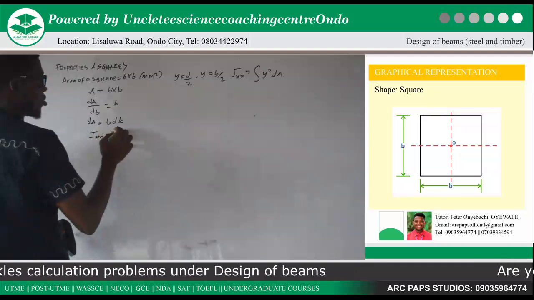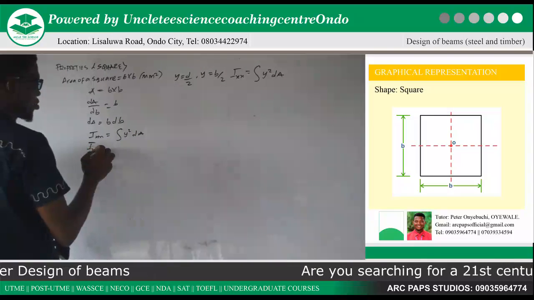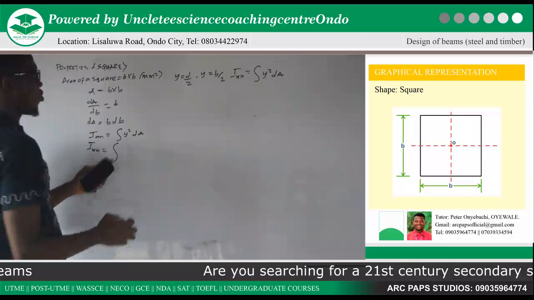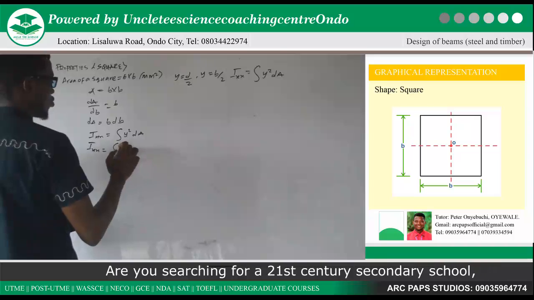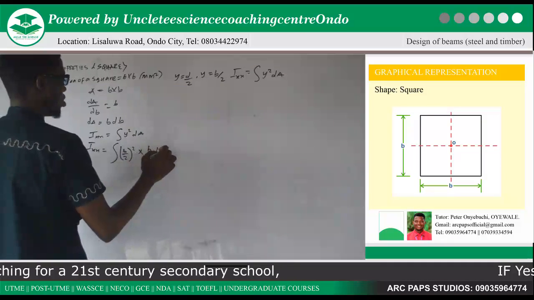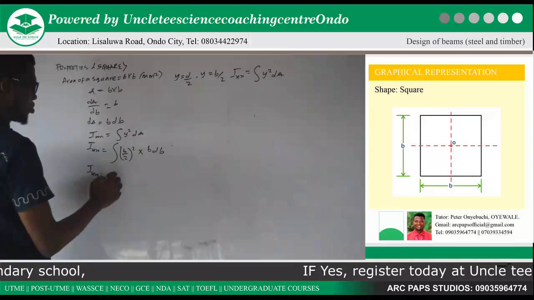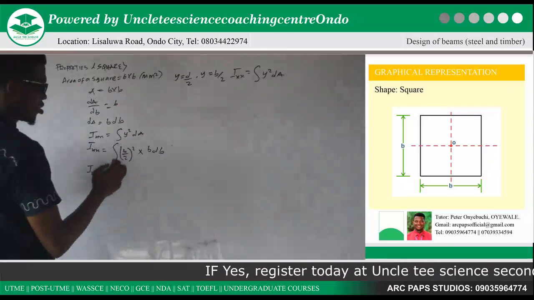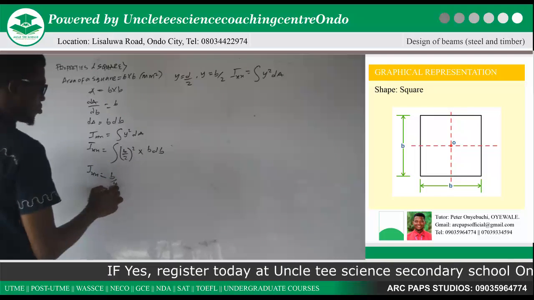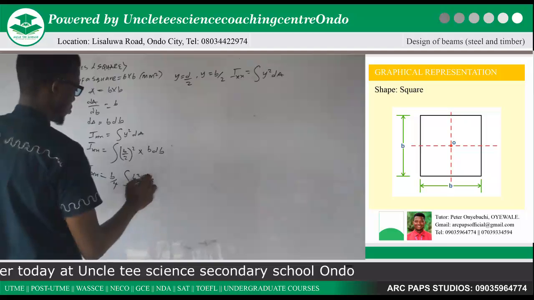Now since Ixx is equal to integral y squared dA, it means our Ixx is equal to integral of y, which is what? b over 2, raised to power 2. Our dA is what? b db. Now our Ixx will then give us, if we bring our b out, b squared over 4 integral b squared db.